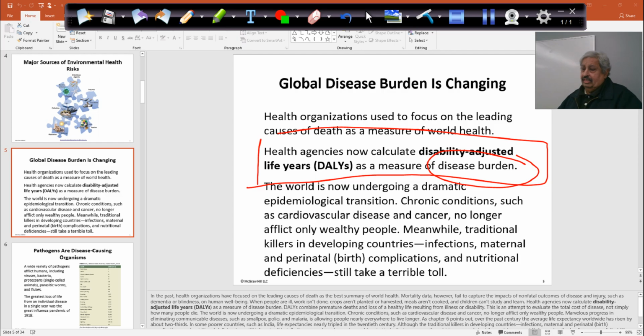What is disease burden? Well, A, B, C, D, and the answer is an index used to determine the disability, correct, adjusted through the life years. That's what it says here. It's an index. So those disabilities come, in fact, from diseases, correct? And that's what the disease burden is.